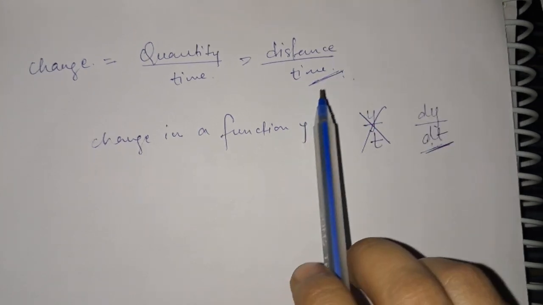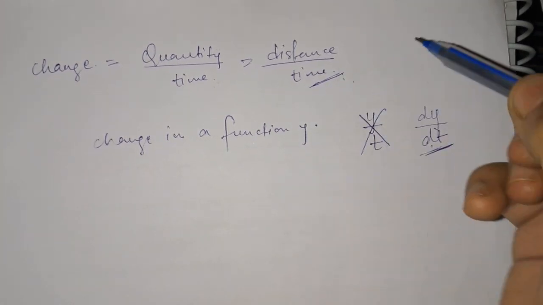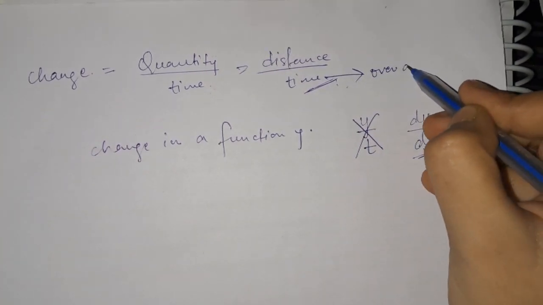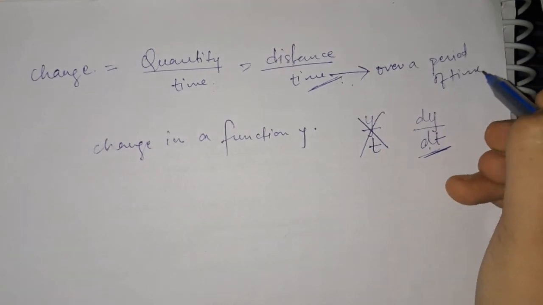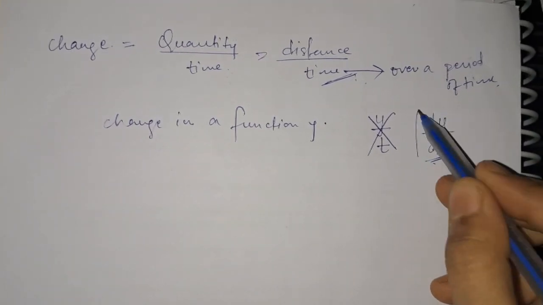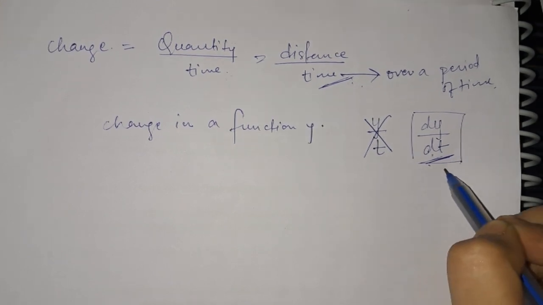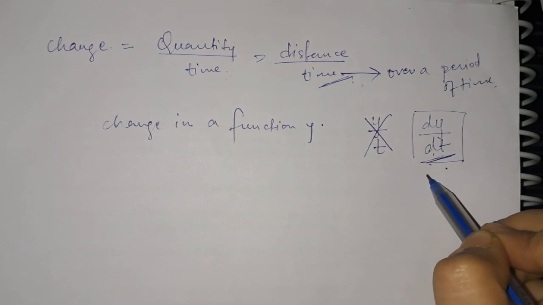Because here we used to calculate the change over a period of time. But here we are calculating the change at a specific point of time. That's why we call it instantaneous change.